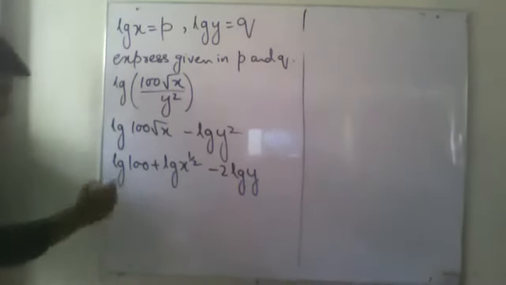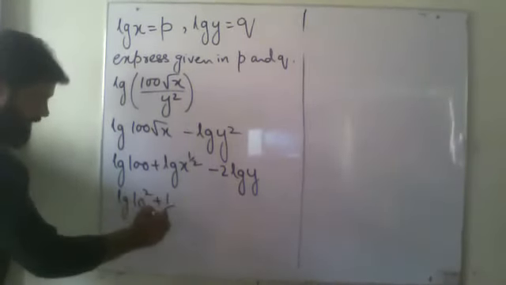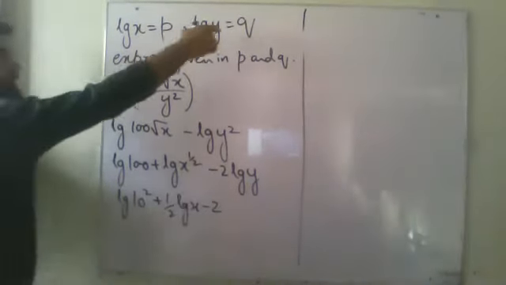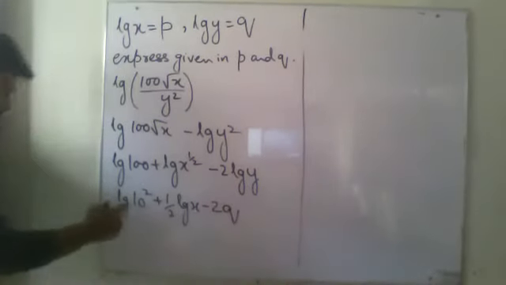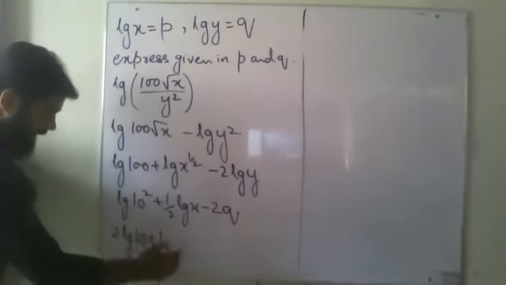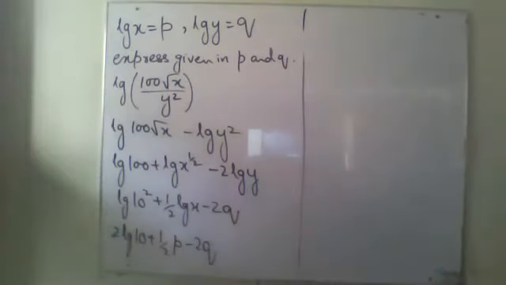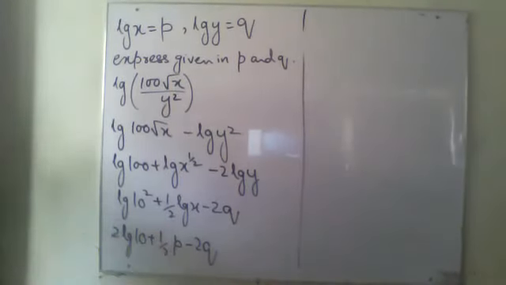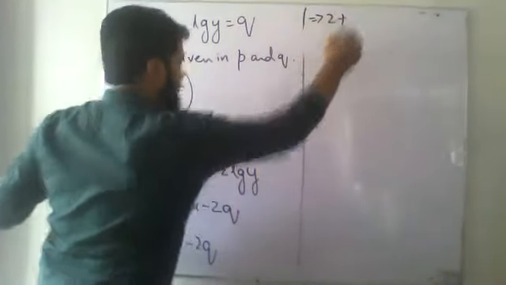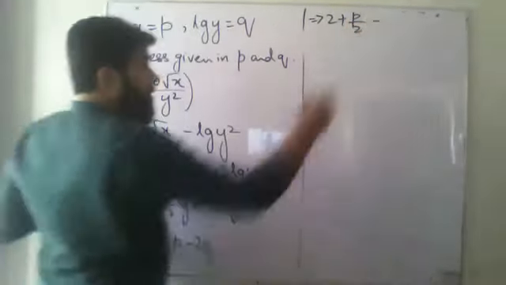Okay, simplifying it, log 100 will become 10 square, half log x minus 2 times log y cube. 2 shifted before log: log 10 plus half log x will be p, minus 2 cube. log 10 will become 1. 1 multiplied by 2, answer will be 2 plus p over 2 minus 2 cube.